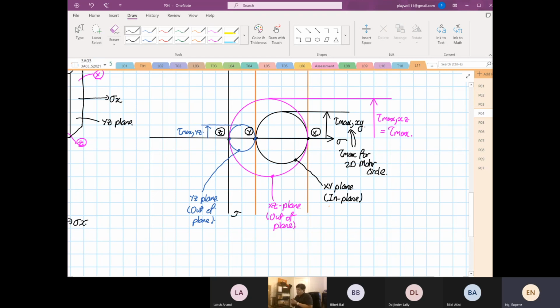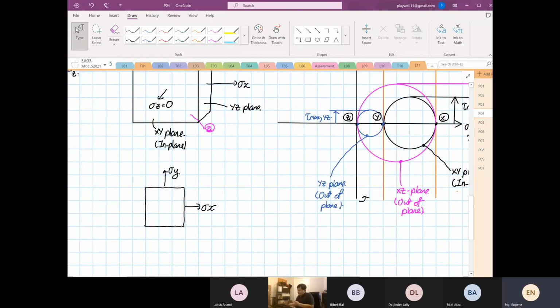And then you code that value, and then when you load your structure, crap, it failed. Why? Because the maximum shear is where? The maximum shear is your what? Shear in your XZ, which is rightfully the shear at the what? Out of plane. Yes or no?